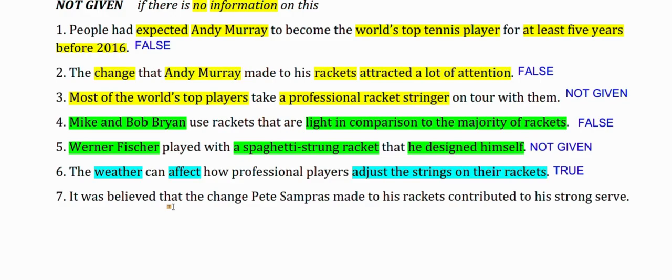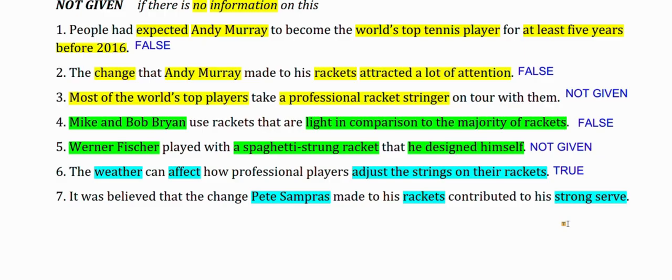It was believed that the change Pete Sampras made to his rackets contributed to his strong serve. So this is the player that we need to find, Pete Sampras. The change he made to his racket contributed to his strong serve. So the answer will be true, because of the change that he made, it contributed to his strong serve.